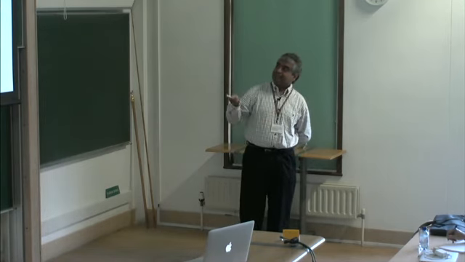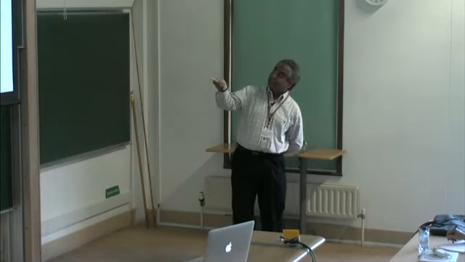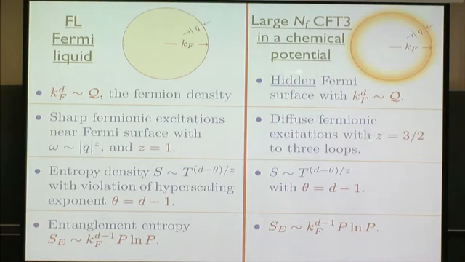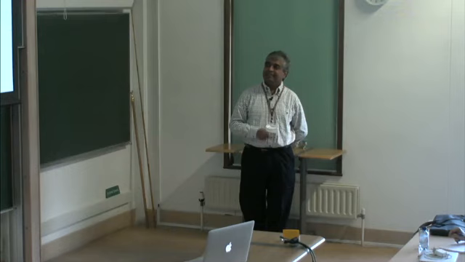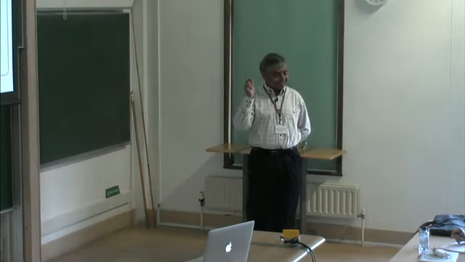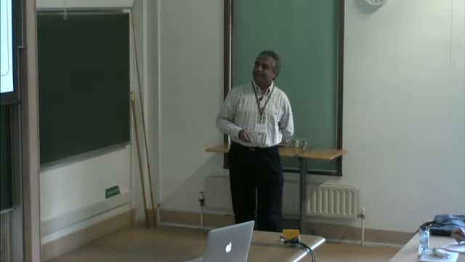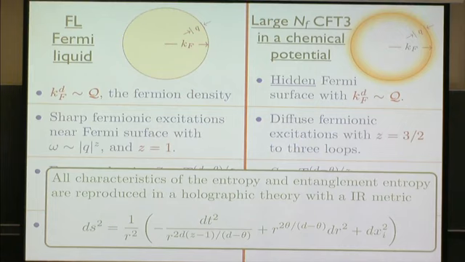Okay, so then it turns out that if you focus not so much on these direct fermionic representations, but on the structure of the conformal field theory as measured by entropy and the entanglement entropy, then you can, in a sense, fine-tune the holography and get some dual metric which reproduces all of these properties.